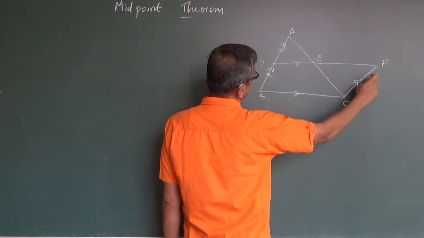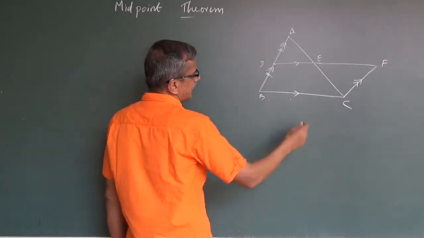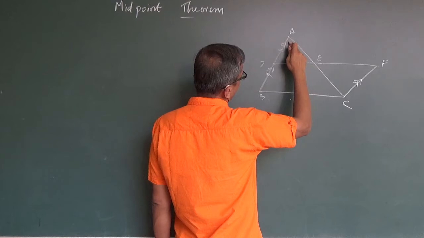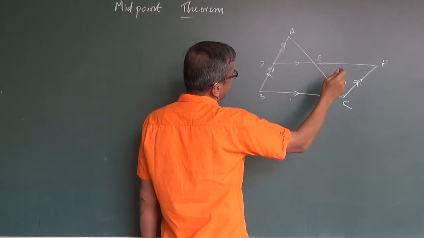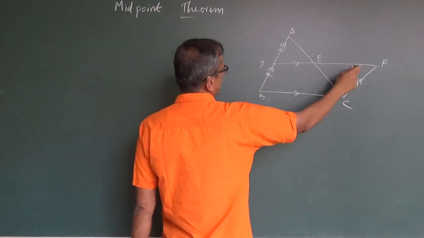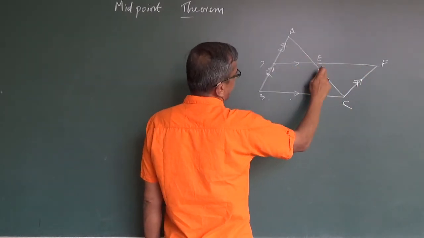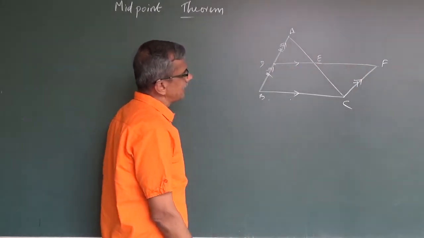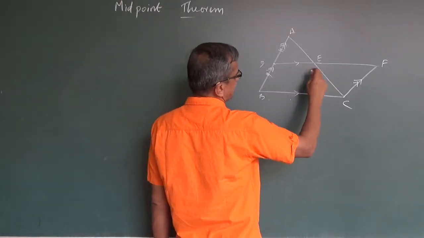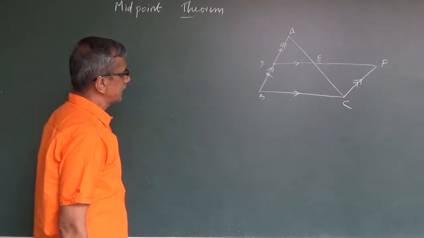So by ASA, or you can take this also: two vertically opposite angles are equal, and two alternate interior angles are equal. Then angle side. By angle side they are congruent. If they are congruent, then AE becomes equal to EC. So that is the proof.